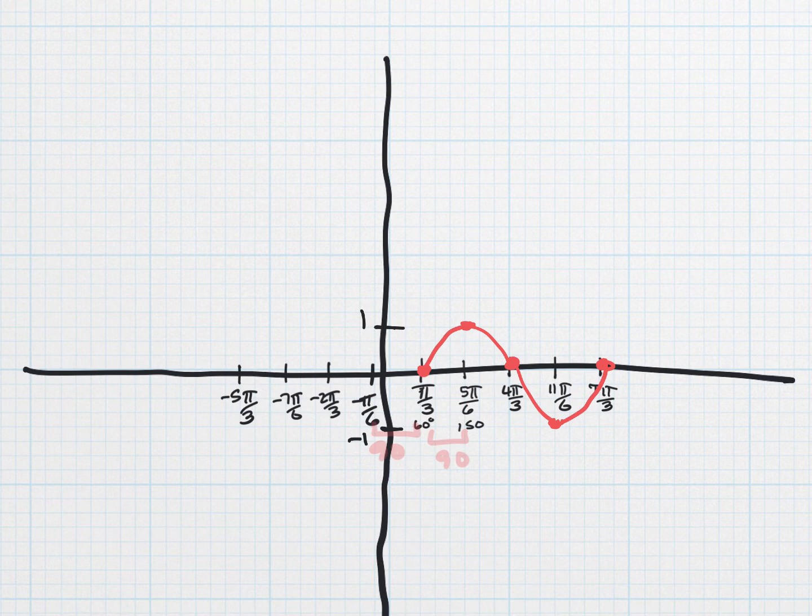So my stopping point over here is right here, not a point on the y-axis. And then from there you would go up, and then up again, and then back down. So do not put a point on the y-axis. You will get that wrong because they have to be 90 degrees apart. And then make your wave, and there is your sine graph with the shift to the right of pi over 3 radians.